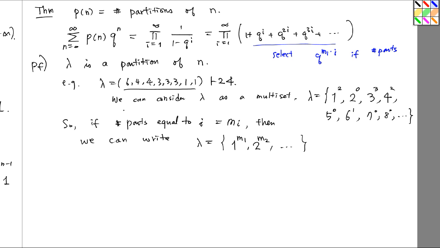So this number really tells us the number of parts. And that's basically the proof of this generating function.